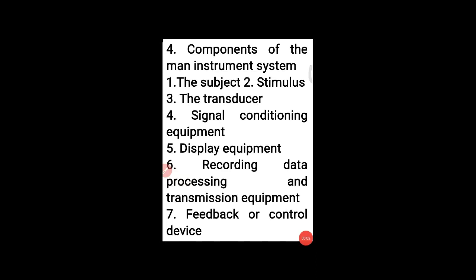Fourth topic of biomedical engineering: components of the man instrument system. The first one is the subject, the second is the stimulus, the third is the transducer, the fourth is signal conditioning equipment, the fifth is display equipment, the sixth is recording, data processing and transmission equipment, and the seventh is the feedback or control device.